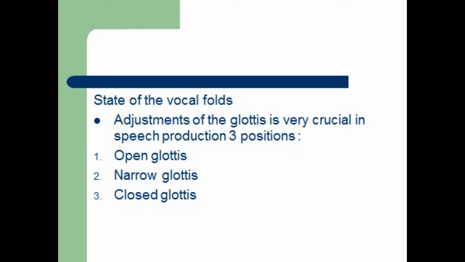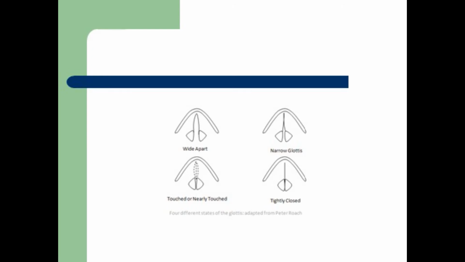Of course, we have more than three, but we're going to talk about three positions of the vocal folds. One is the open glottis, the second is narrow glottis, and lastly the third one, the closed glottis. In this picture you can see the open glottis, and then the narrow glottis, and lastly the closed one.